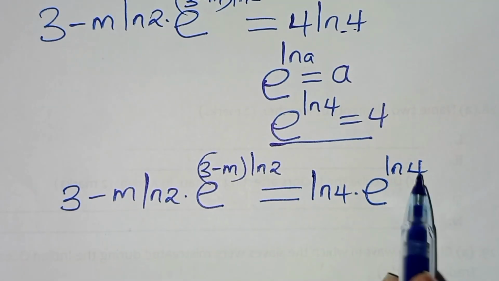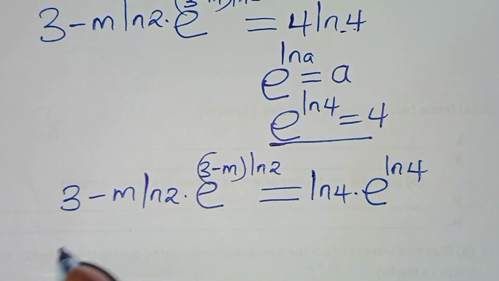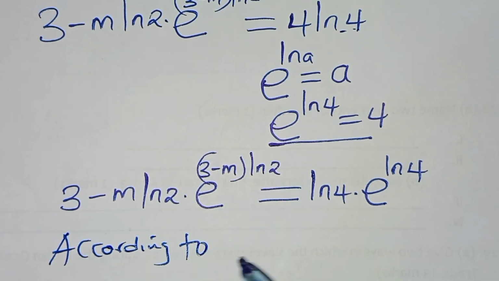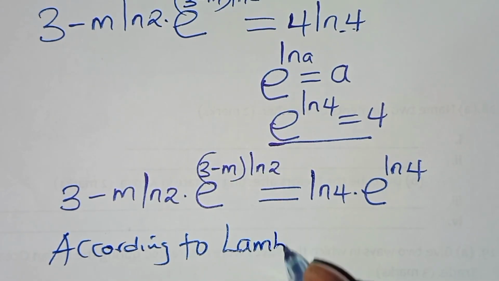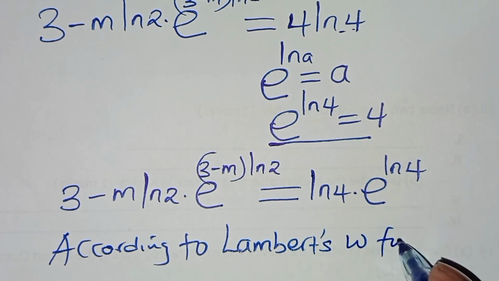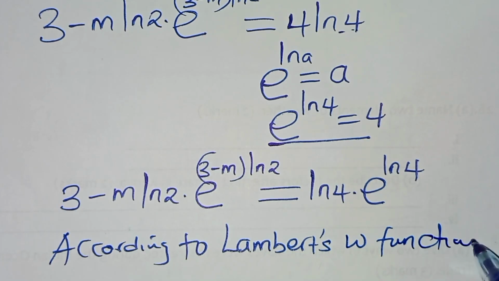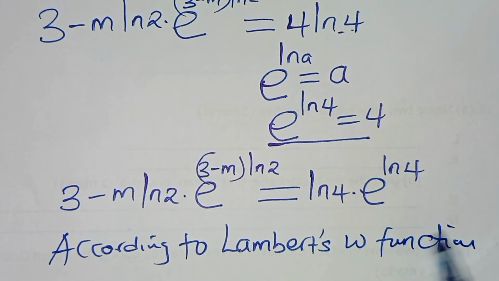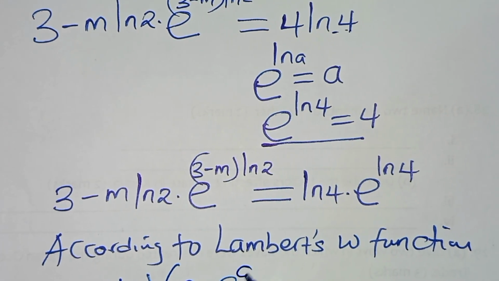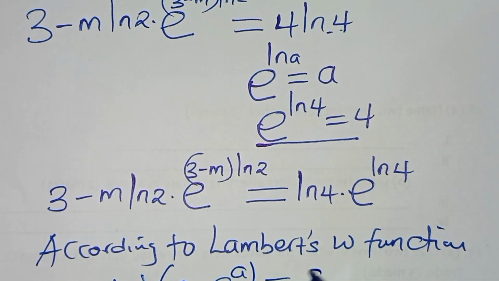The next step here, according to the Lambert W function, you find that the W function of a multiplying by e to the power of a is the same thing as a.